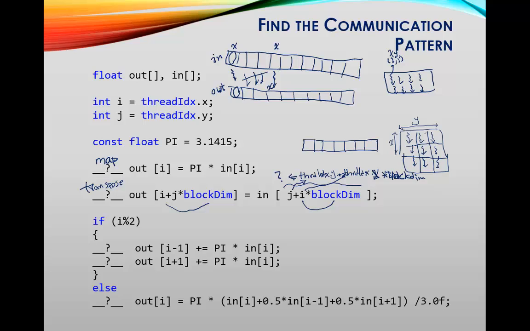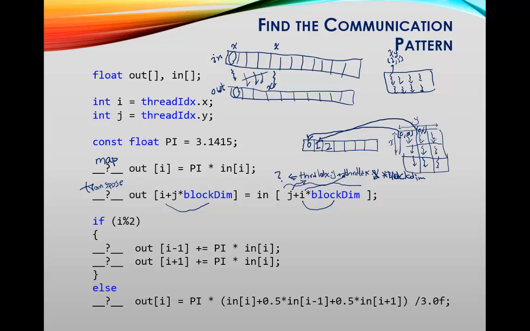So what is that number? Let's say that I start with thread index 0, 0. The index here is going to be element 0. Okay. How about 0, 1? Thread index 0 times block dim plus 1, thread index y. So that's going to be my index 1. So index 0, index 1, index 2.